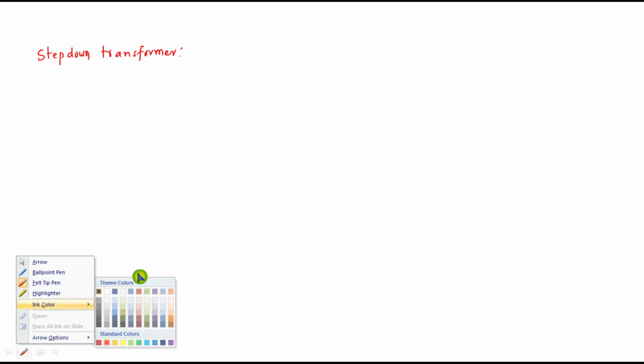Then what is step down transformer? That is step down transformer. That is, the available voltage across secondary should be less than primary winding.